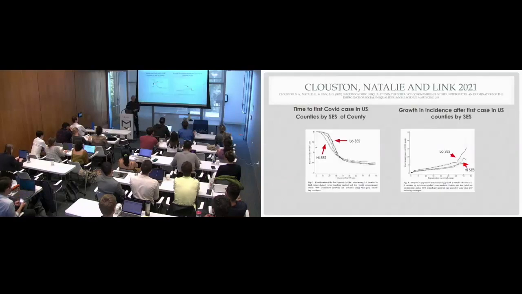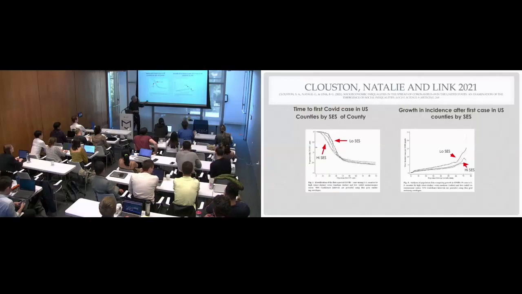So we tried to test this using US counties and SES level of US counties. On the left-hand side, you see the time it took for a first case to emerge in a county by three levels of SES of the county. And what you see is that the first case occurred more rapidly in high SES counties and less quickly in low SES counties.